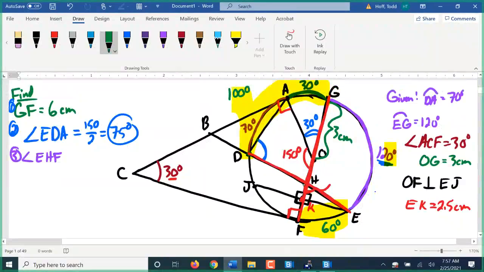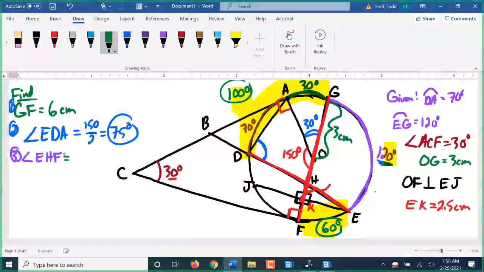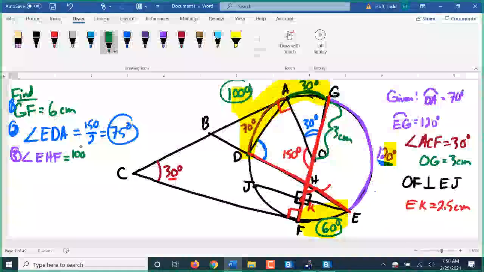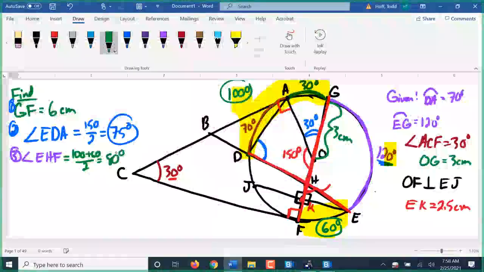So this angle is a central and interior angle on intersecting chords. It's on a 100 degree and 60 degree arc. Since it's an interior angle, I add the arcs together. So it's 100 plus 60 divided by 2. 100 plus 60 is 160 divided by 2, makes that an 80-degree angle.